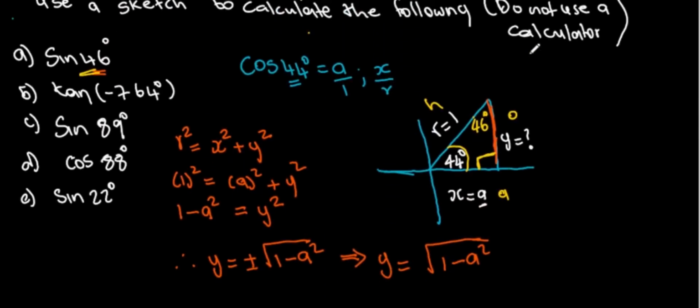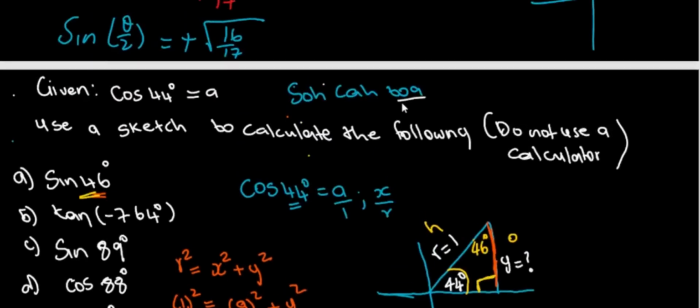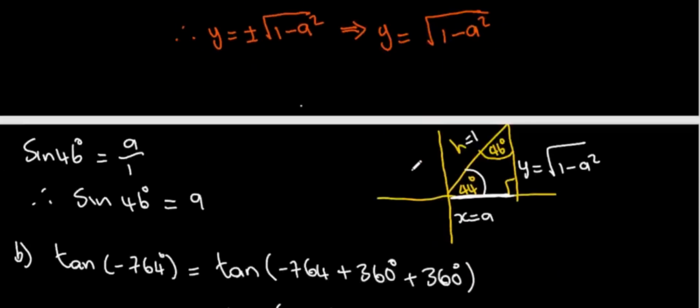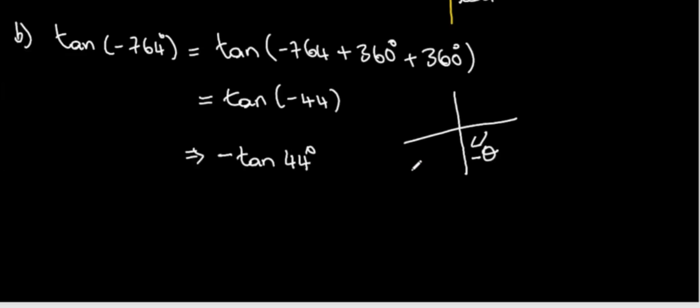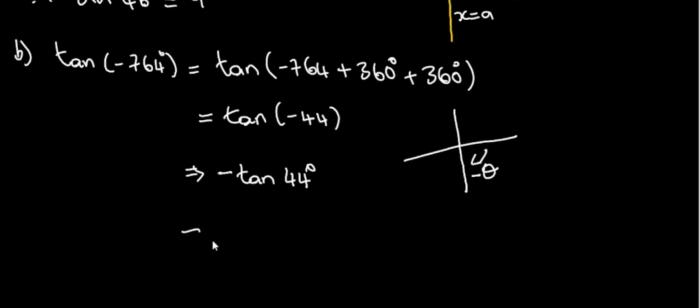Let's go and check SOHCAHTOA. This is my tan. It's opposite all over adjacent, so it's y over x. So we're going to say this is negative, inside the bracket, opposite is the root of 1 minus a squared divided by a. And then now we close the bracket.